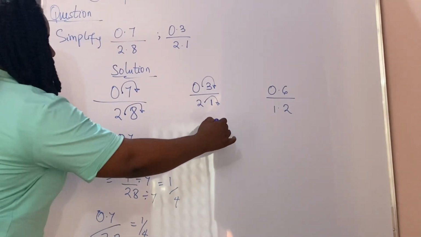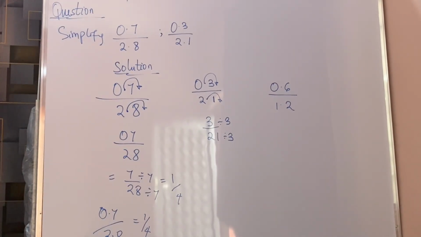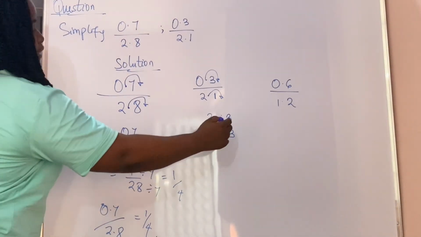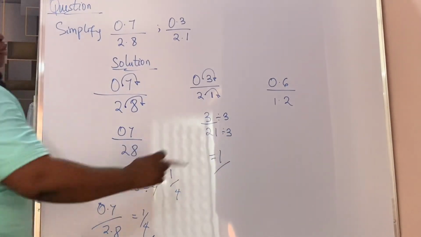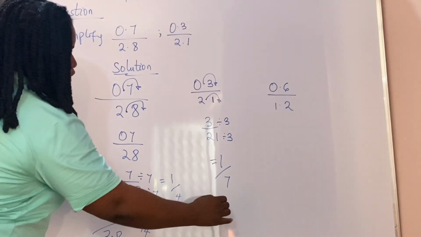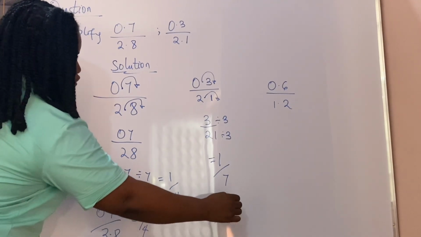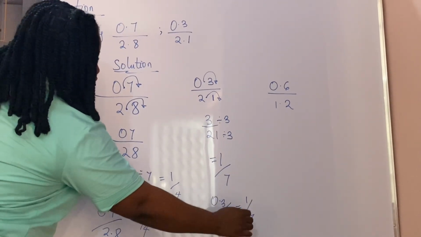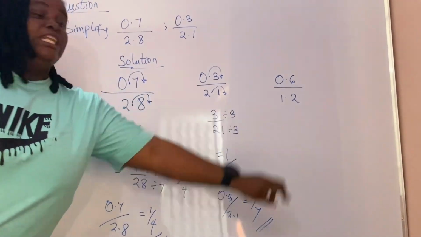I'm going to divide by 3 here, numerator, 3 here, denominator. 3 will go into 3 once and into 21 7 times. So 0.3 over 2.1, this is a decimal notation, is equal to 1 over 7. If you understand, solve this and leave it in the comment section.